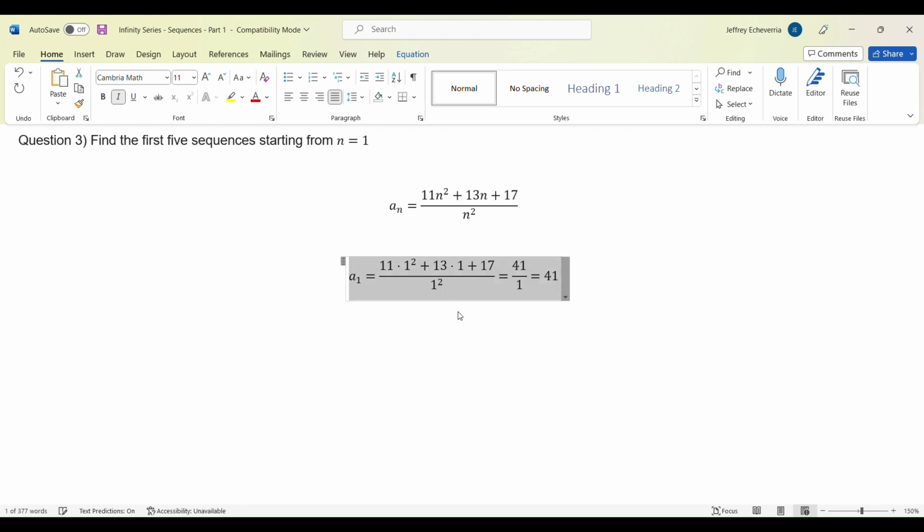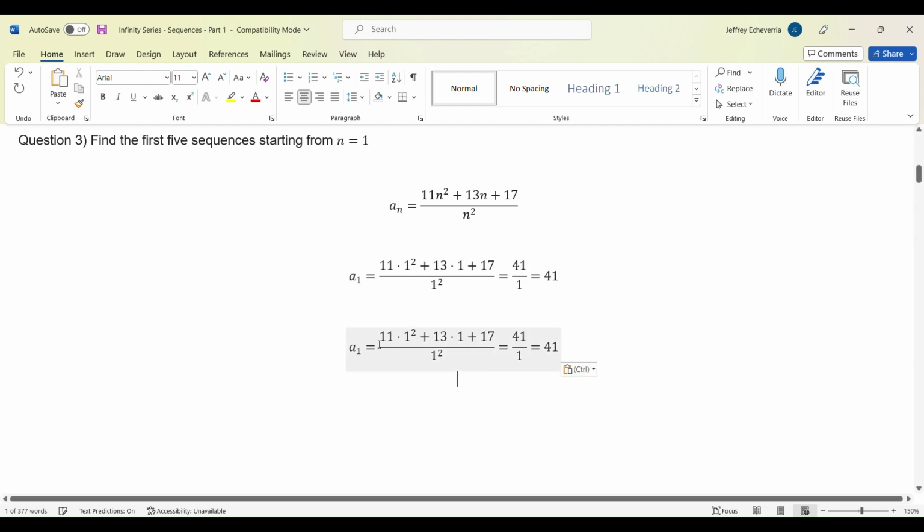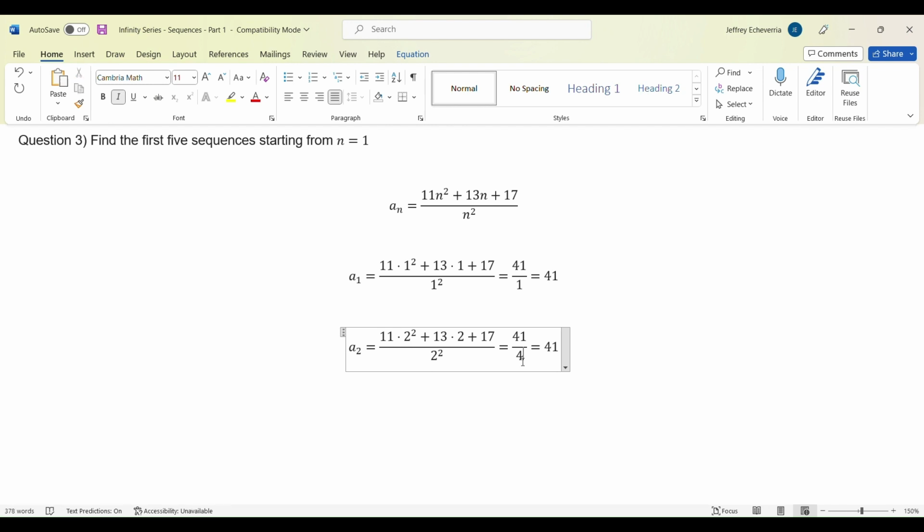So we can copy and paste and replace the 1's with 2, so we can find a sub 2. The numerator will be 4. The denominator will be 87.